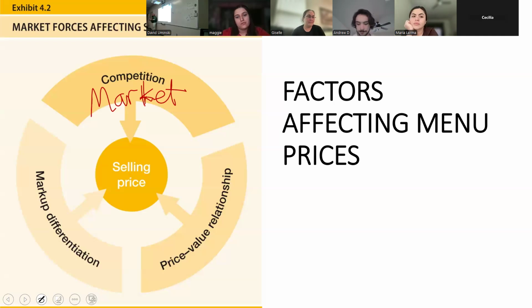Now, nothing to say anything bad about Little Caesars, but when we look at our price and value relationship, the quality of the product compared from Little Caesars to, let's say, Pizza Hut, Domino's, right? A little bit different. Little Caesars is not bad, right? I'll eat Little Caesars any day because it's pizza.